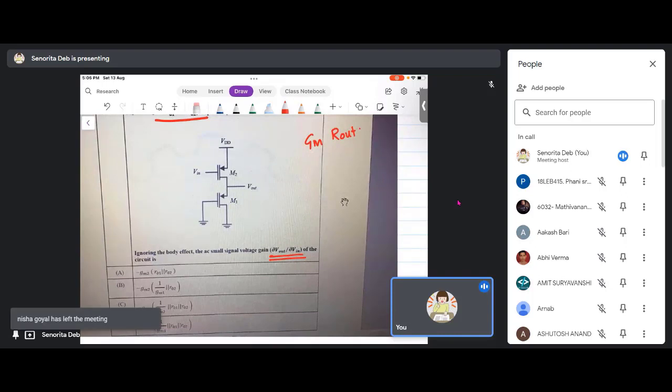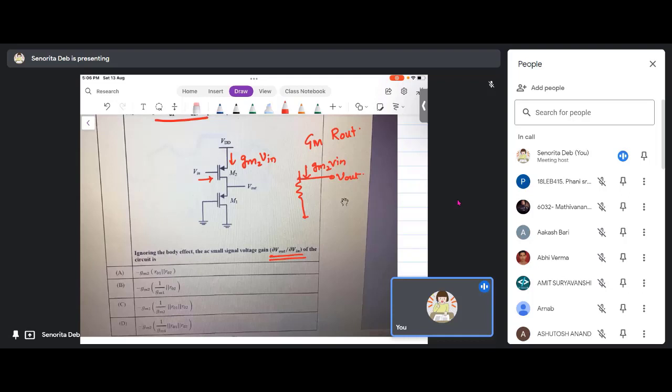This Vin will be converted to a current GM2 Vin by virtue of the transconductance of M2. This current is going to flow through the resistance shown by these MOSFETs. And if you find this voltage, you are done. V out by V in is what you need.